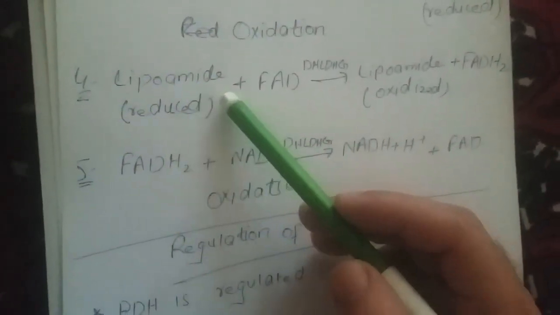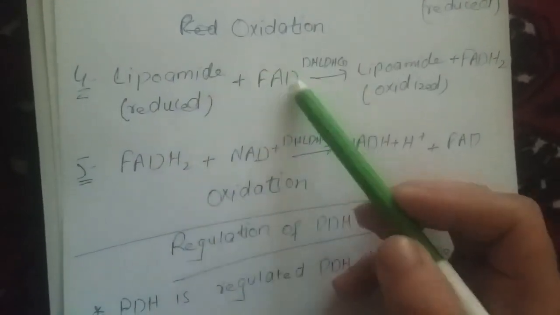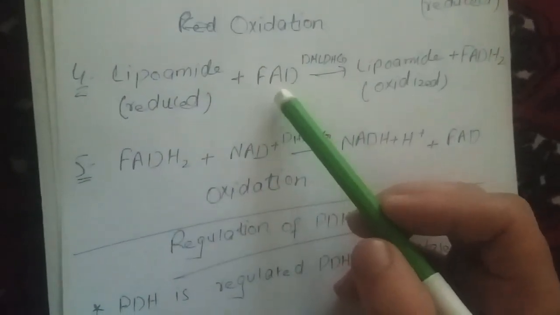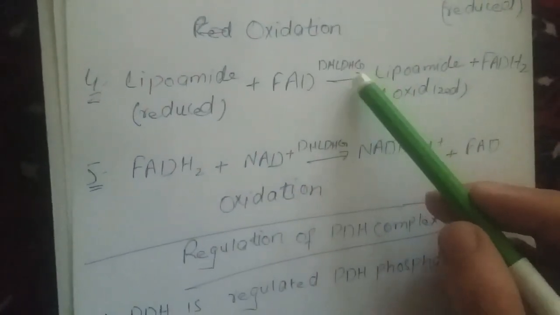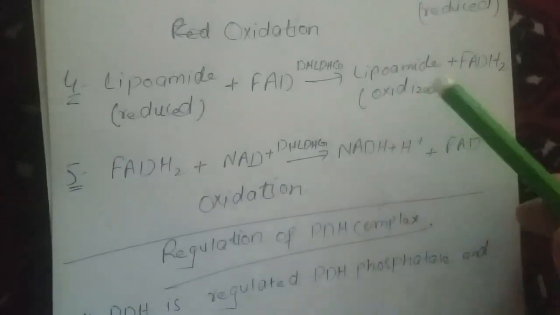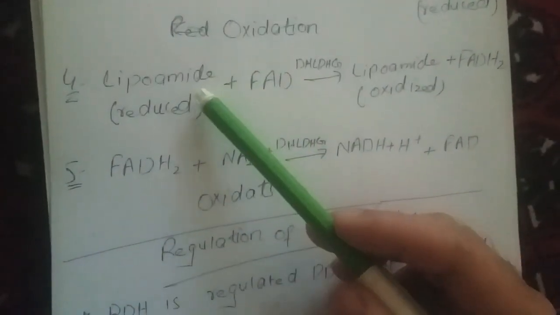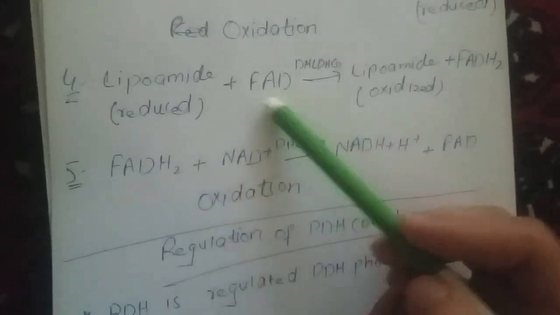Then in the fourth step, lipoamide, which is in reduced form, will react with FAD, flavin adenine dinucleotide. The enzyme working here is E3, dihydrolipoyl dehydrogenase, and lipoamide will be oxidized because the hydrogen present in lipoamide will be added to FAD, and FAD will be reduced.